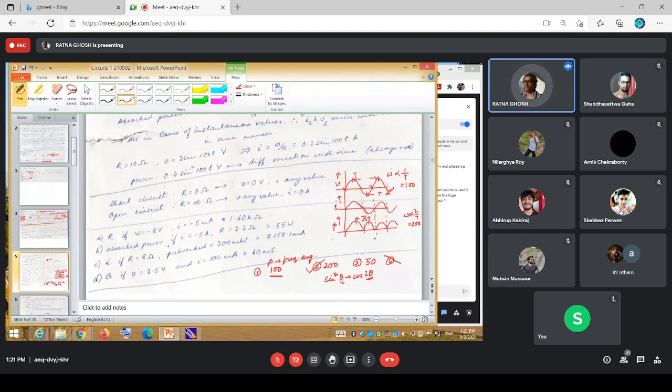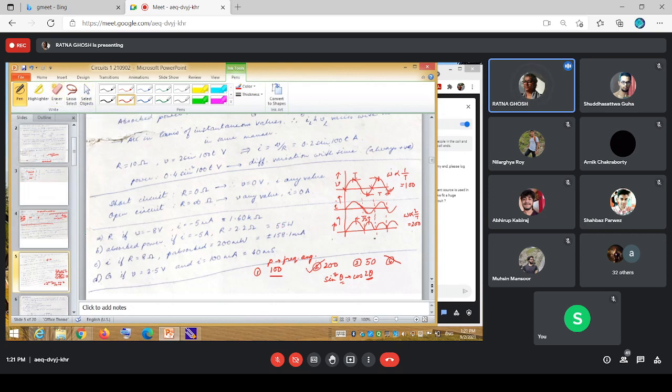Absorbed power, how much is the absorbed power? I is a negative value. That means the current direction should have been reversed. R is a positive value. And since power is nothing but I square into R, whether it be negative or positive does not really matter. This would be 25 into 2.2 or 50 into 5 into 11. So that's 55 volts.